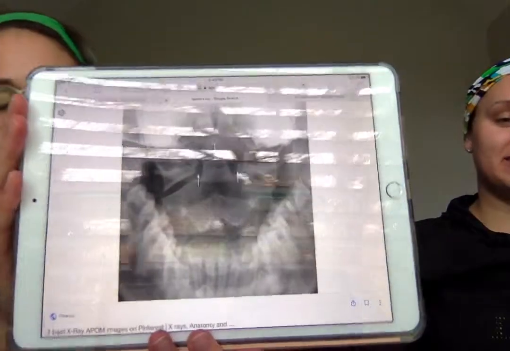The next view I have of the x-ray is the one we took when you had your mouth open. So you did the x-ray just like this. Yep. And you can see the inside. This is called the APOM view. It stands for anterior posterior open mouth. We're looking at this space right here. It's called the periodontal space.